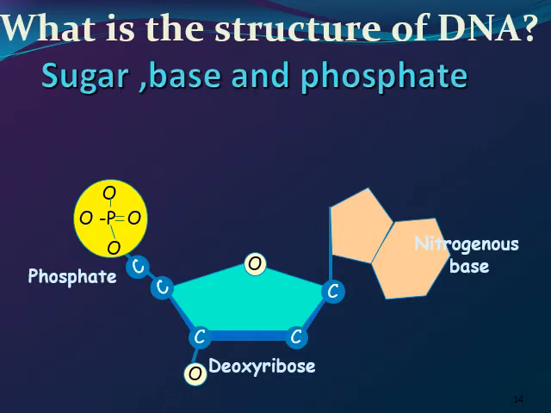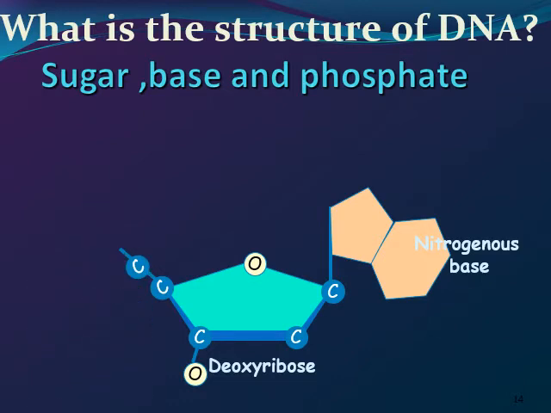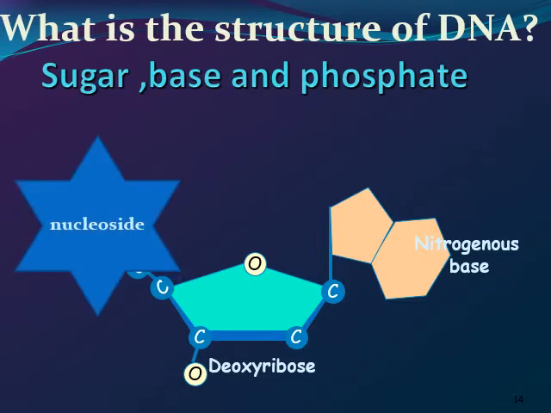DNA is a large macromolecule, or polymer, with three types of component. Sugar is a 5-carbon sugar, pentose, in DNA called deoxyribose, phosphate group, and base. A nucleoside is composed of base and sugar only.